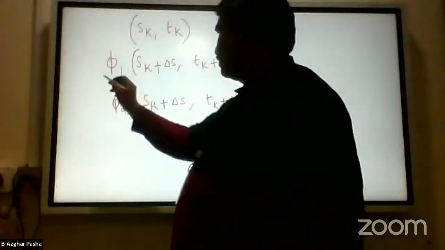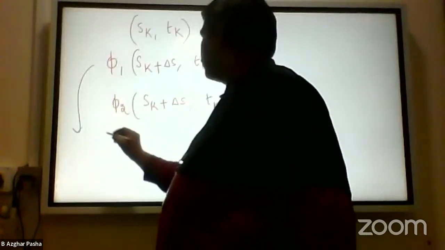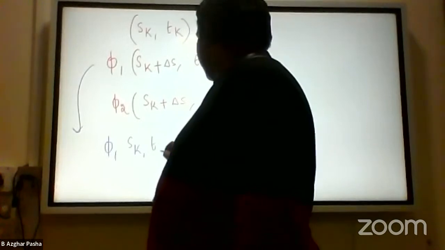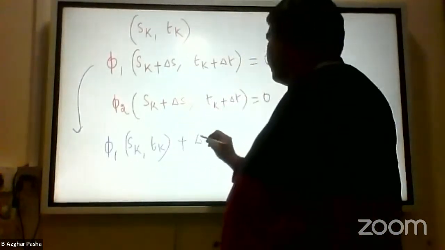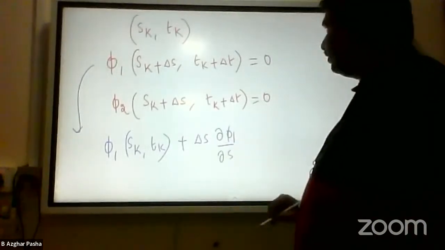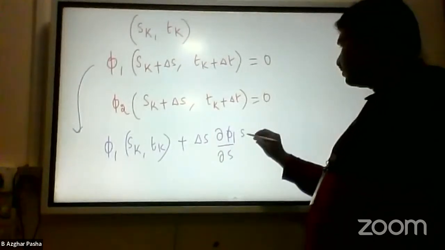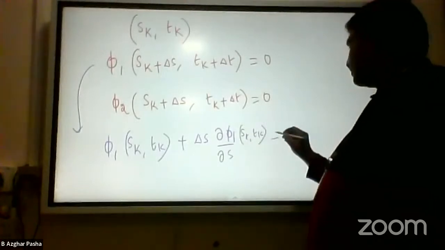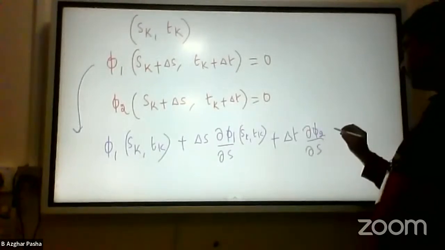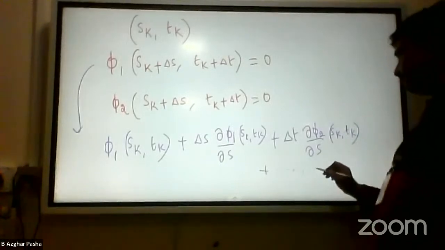When you expand the first equation, you get phi1 of SK comma TK plus delta S into derivative of phi1 with respect to S, dou phi1 by dou S, of course at SK comma TK, plus delta T into dou phi1 by dou T at SK comma TK plus higher order terms is equal to 0.